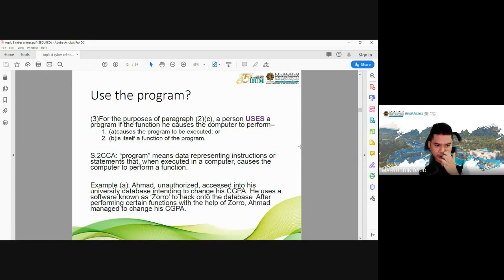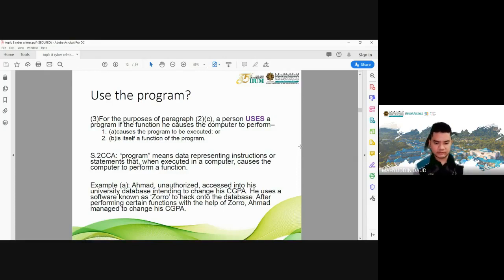So example here is that Ahmad, he is unauthorized. He accessed his university database intending to change his CGPA. He uses a software known as Zorro to hack into the database.